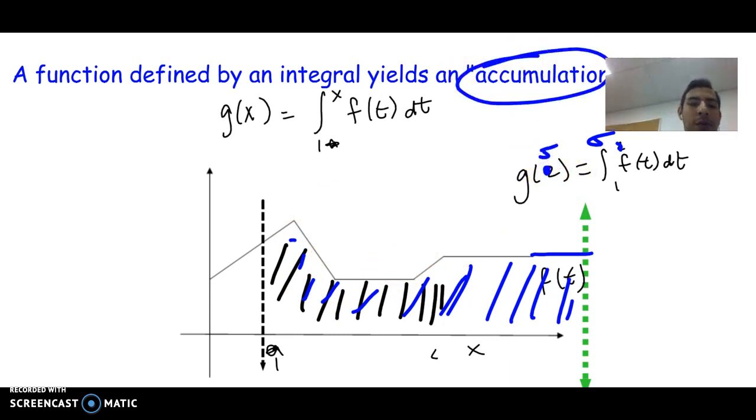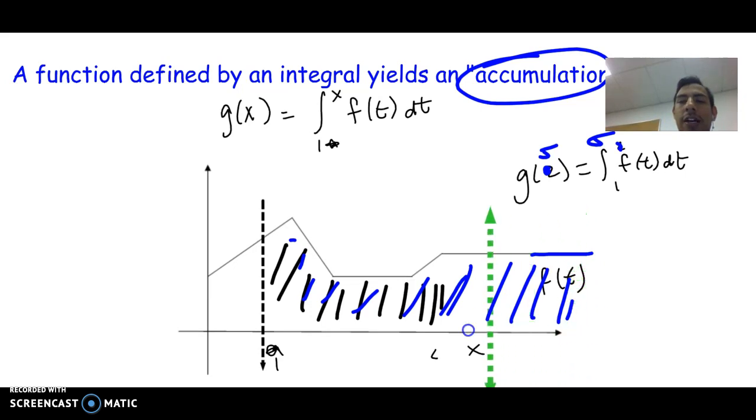And this idea of accumulating area to find a y value on a different function is true if you go to the right and if you go to the left. It would still be the same thing. You would just accumulate how much area, and that area based on your equation would be the y value for that function, for the function defined by an integral.